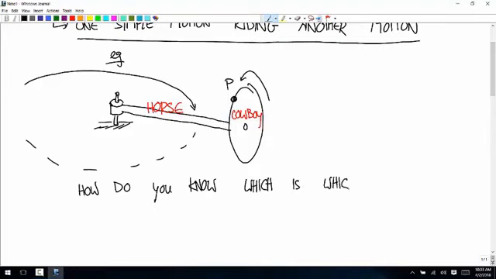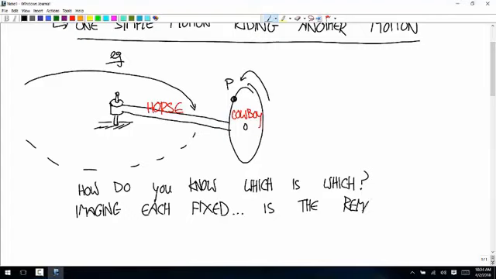Well, really, it's just a matter of imagine each motion is fixed. Is the remaining motion easy to calculate?